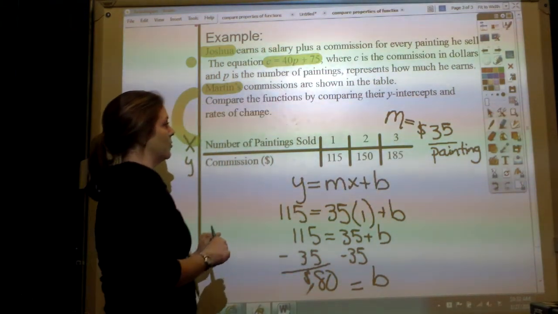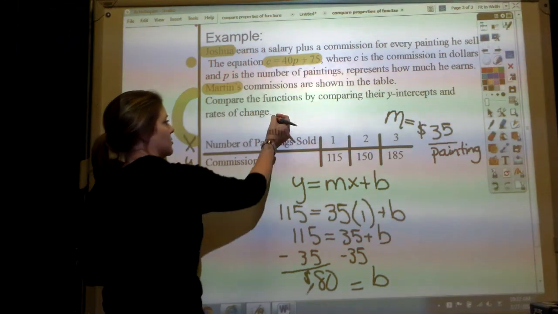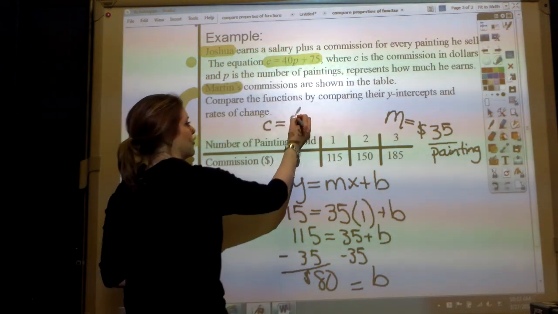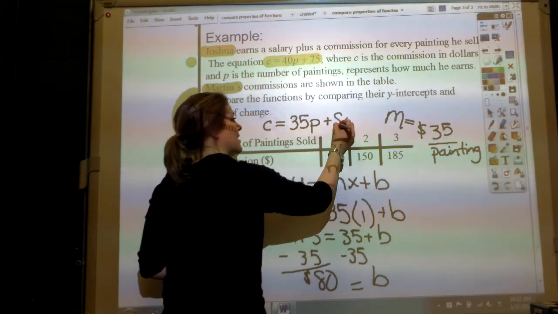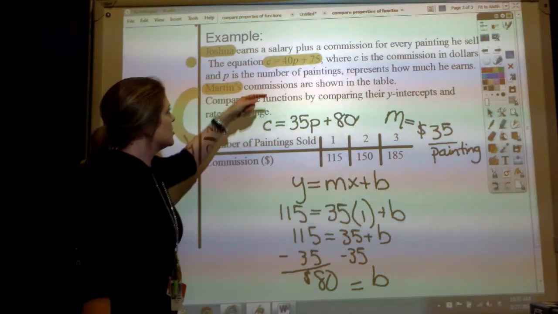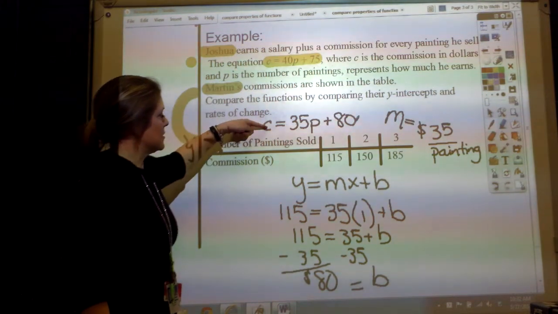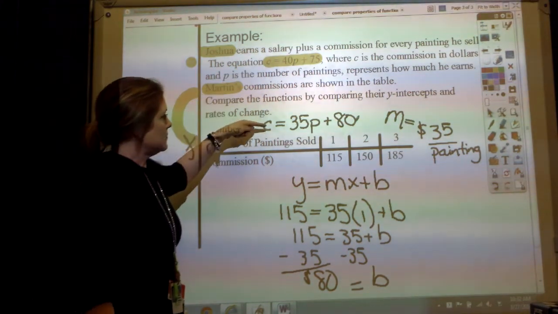So let's write an equation for Martin. Martin's commission, or what he's going to make, is going to be $35 per painting, plus he's going to get $80. So here are our two equations for Joshua and Martin.